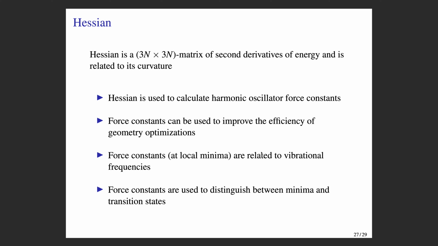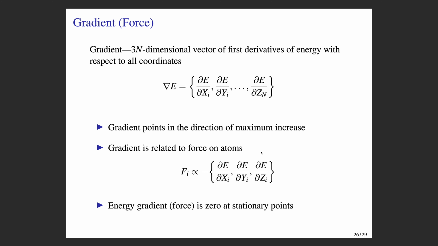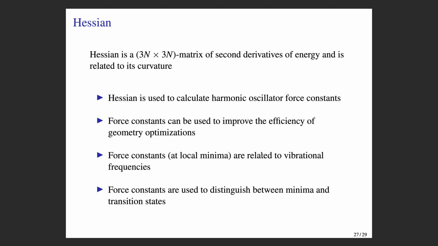A related quantity from physics that has its roots in multidimensional calculus is called the Hessian. Note that the gradient is a vector. The Hessian is a matrix. It's a 3n by 3n matrix of second derivatives. So this includes the second derivative with respect to x for an atom, the second derivative with respect to y for an atom, and all of the atoms, plus all of the mixed partial derivatives as well.